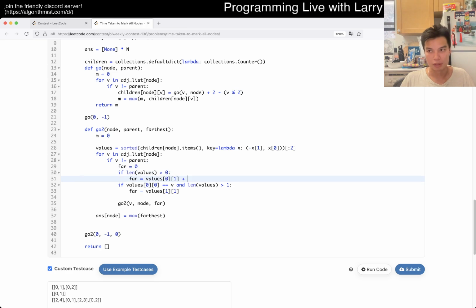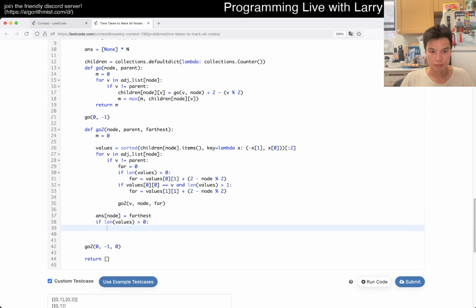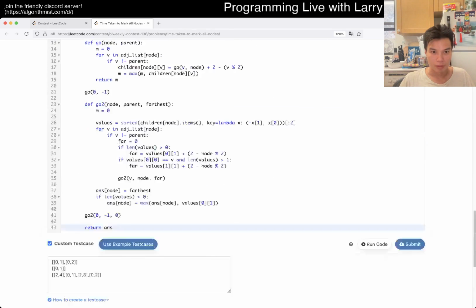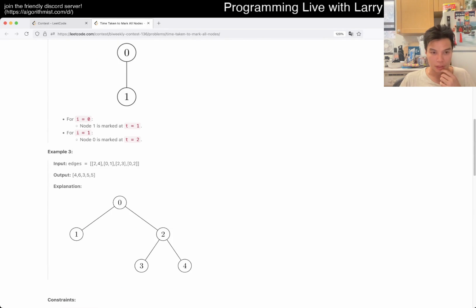And then plus 2. Okay, so then now you have either the farthest or closest. This is wrong, but okay.